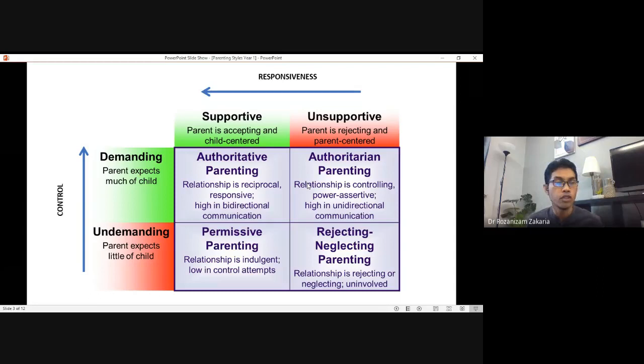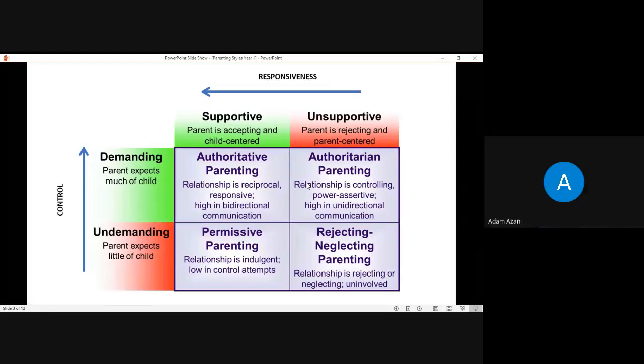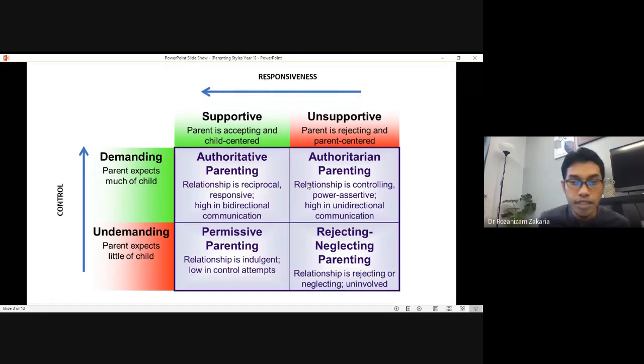You cannot have this, you cannot go there, you cannot do that. So basically they have low responsiveness but very high control. So this one is what? Which one? Authoritarian. Okay. So you understand now how to read this table.